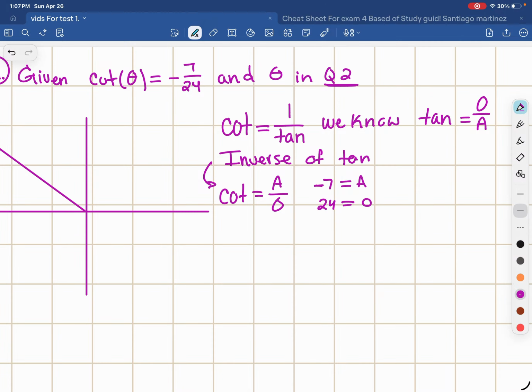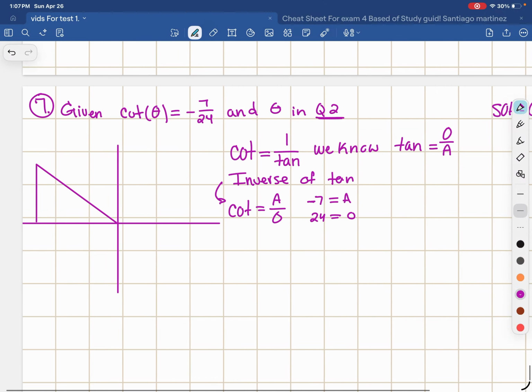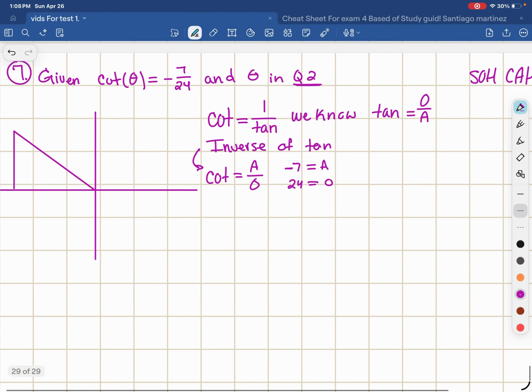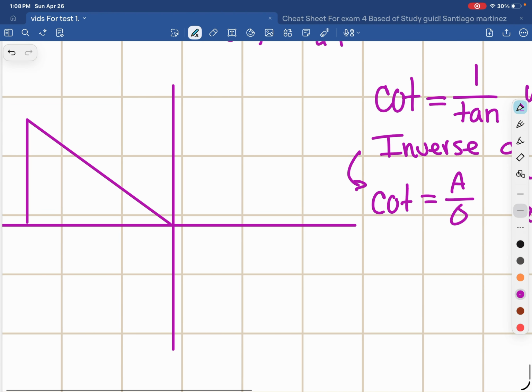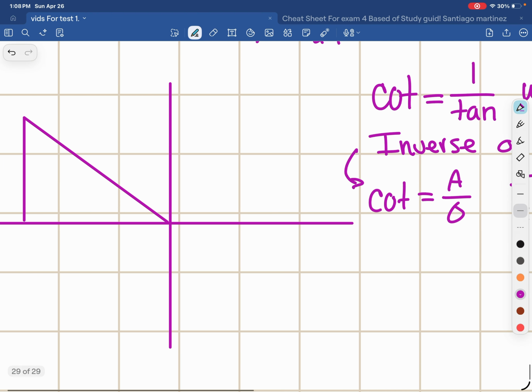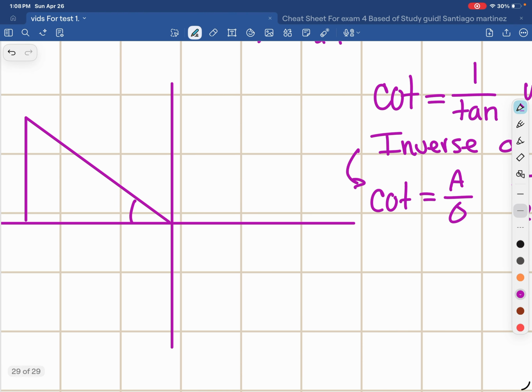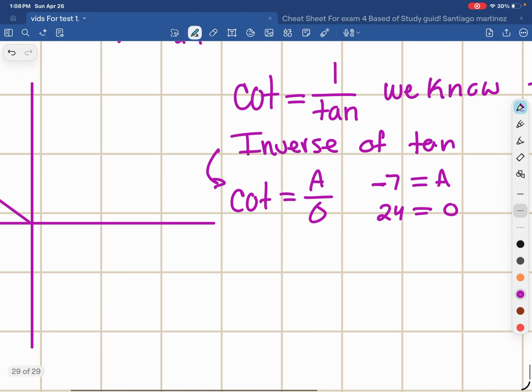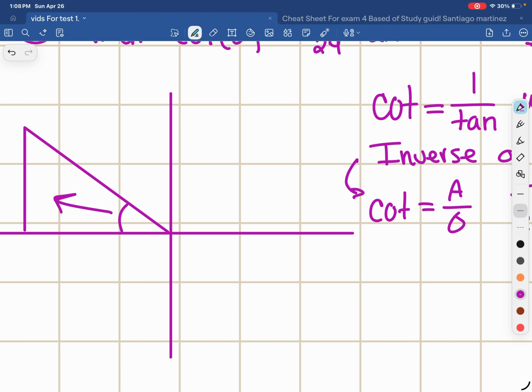So going off that information, it is a lot easier to start plugging this into our triangle. We know this is the hypotenuse, and we don't have the hypotenuse. We only have A and O, excuse me. So our angle will be right here, and it'll be facing this way, right?